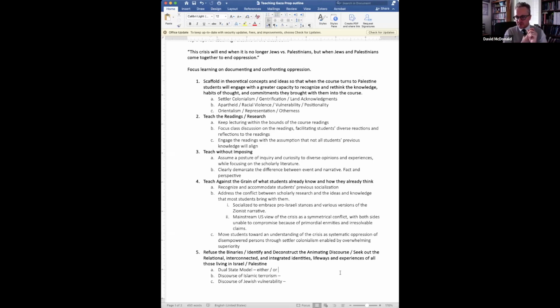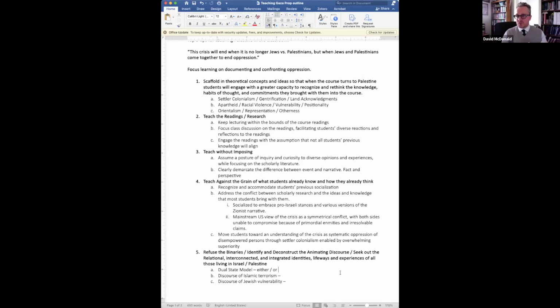The second discourse is one of Islamic terrorism, which has been rooted in this country's media for a very long time, at least the last 25 years, and certainly has a way of interpreting or shading the way people are socialized into seeing the Israel-Palestine crisis through the idea of the criminality of Palestinians and the larger violent nature of Islam and its engagement with the non-Islamic world.